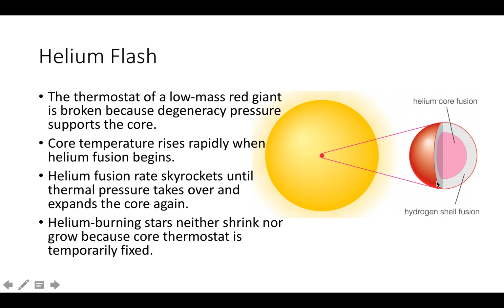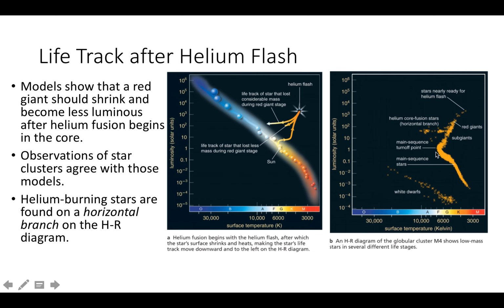Now instead of hydrogen fusing in the center, we have helium fusing in the center, and there might still be some hydrogen fusing out here, but remember our thermostat's going to be broken now. So we have core temperatures that rise rapidly, fusion skyrockets, and it's not going to shrink nor grow until it's temporarily fixed in this little helium flash stage.